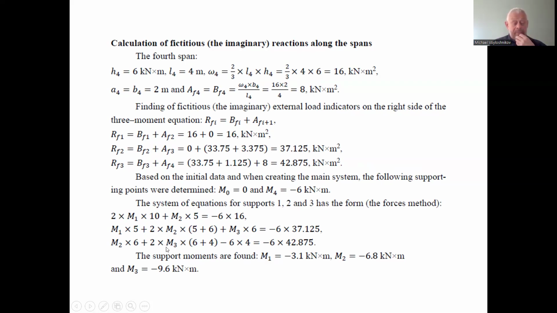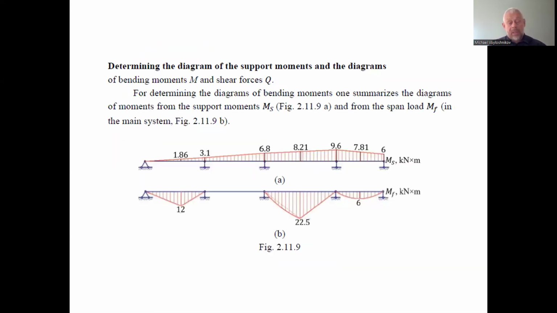And now, by using the third equation for the supporting links, and instead of the assumed hinge making the main system, we can find that the moment in this has to be equal, due physically to the continuity. So, as in the continuous beam, we have the third moment equal to minus 9.6 kilonewton meter.